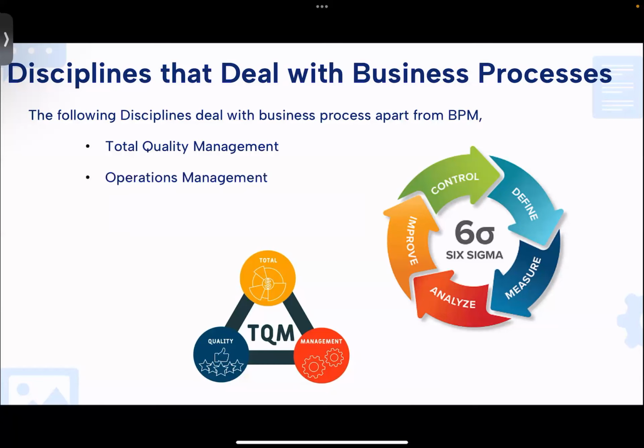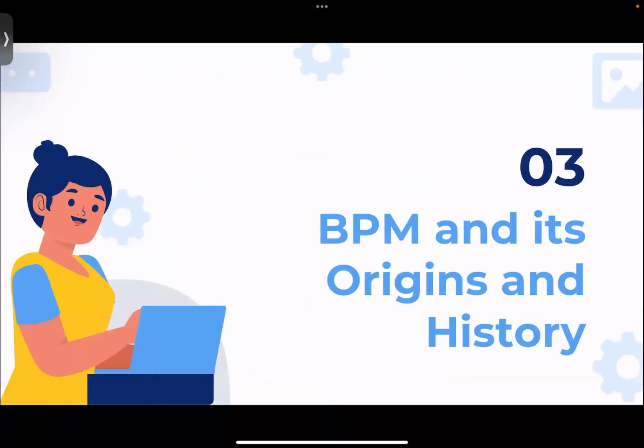Operations management is also involved in developing business processes. Lean management, Six Sigma, all of these disciplines also focus on developing business processes. They deal with business processes and how they can improve each and every process further. Likewise, these disciplines are also involved in dealing with business processes.